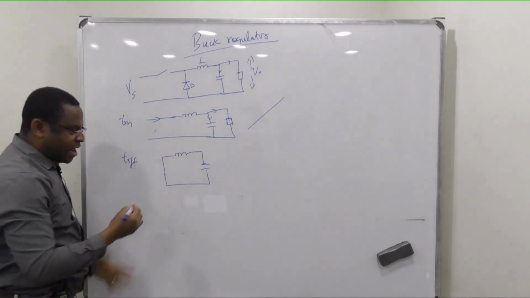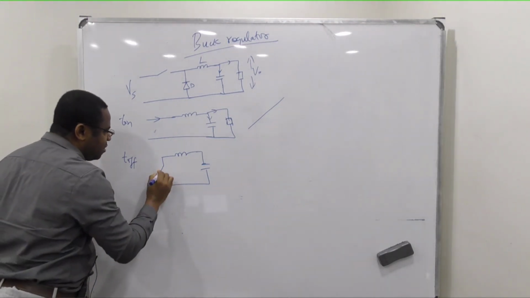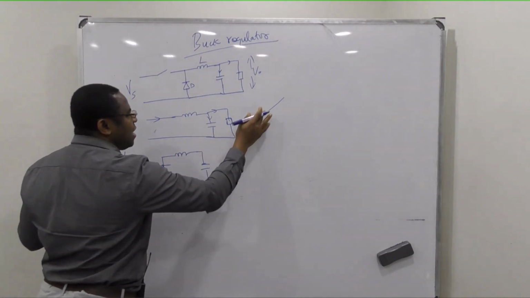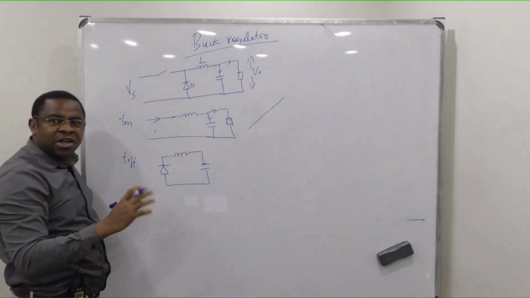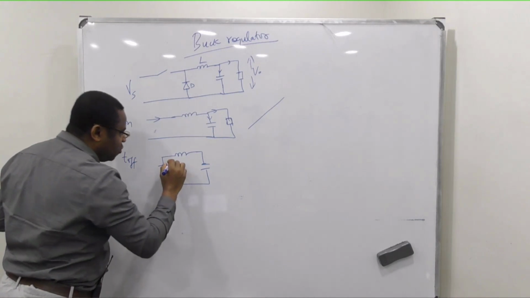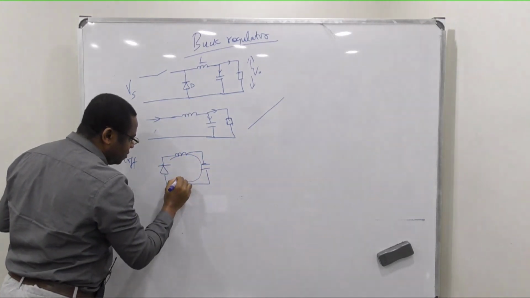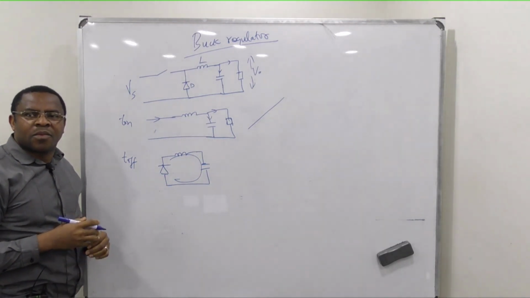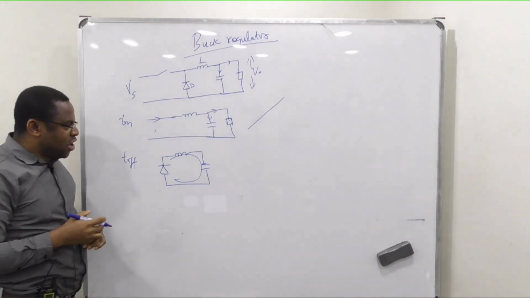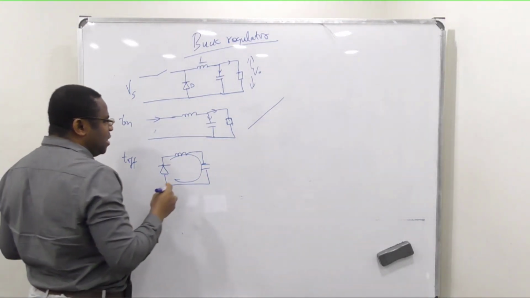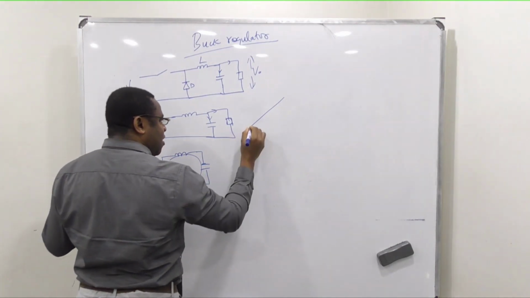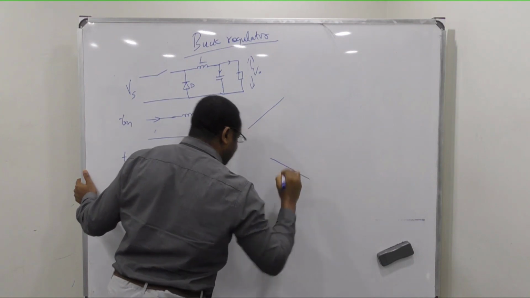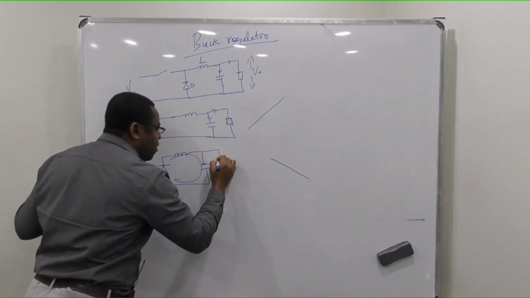If you want to put a diode, it's fine, but what I'm saying is that current will flow like that. So now the current that was built up is going to discharge, because remember, we have our load there.